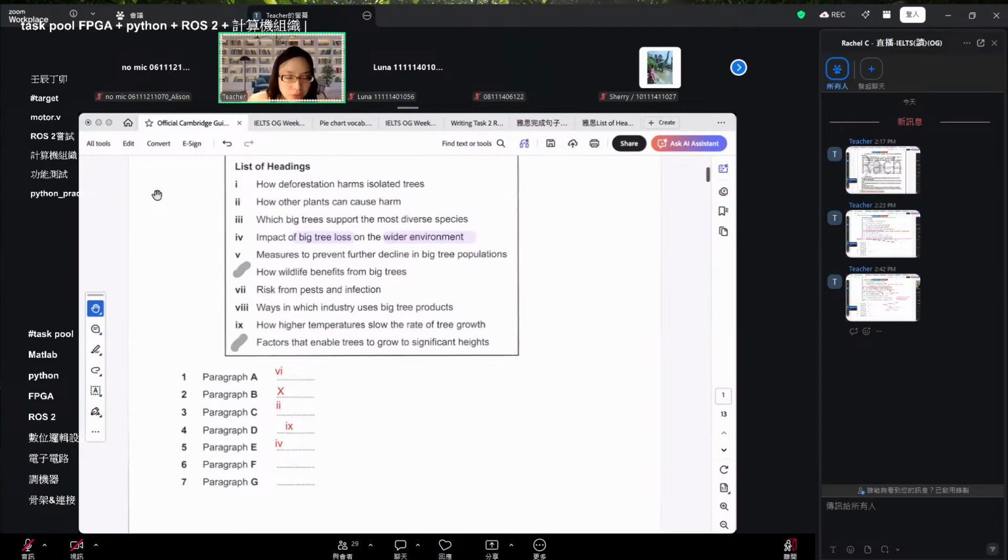When we read through the first, that was talking about the ideas of the pests and the infection, okay? Because the bark beetle are pests. The fungus-related disease are infections. Okay, so that would largely agree with our ideas.